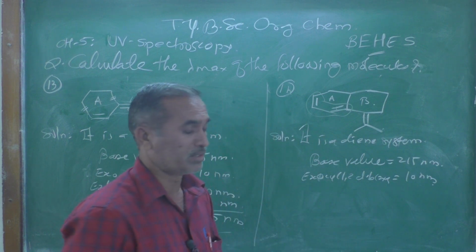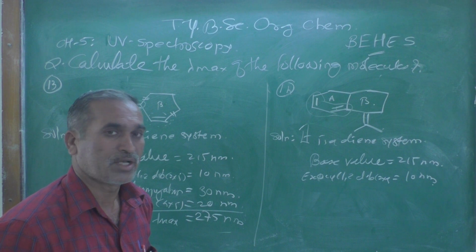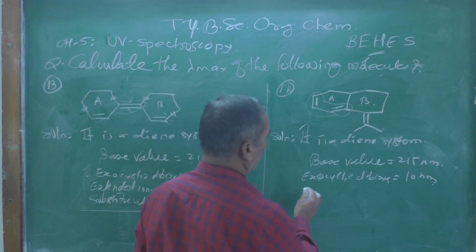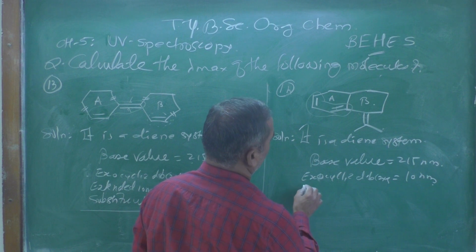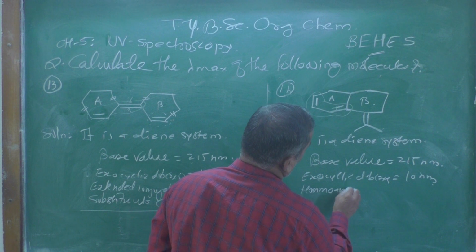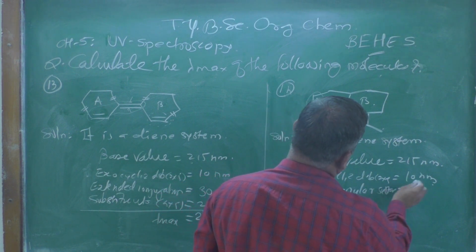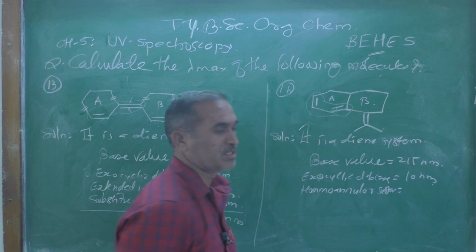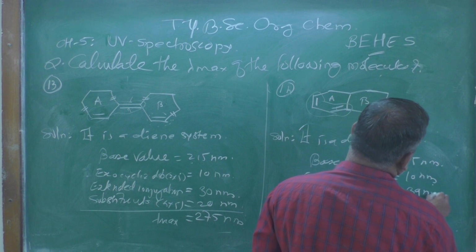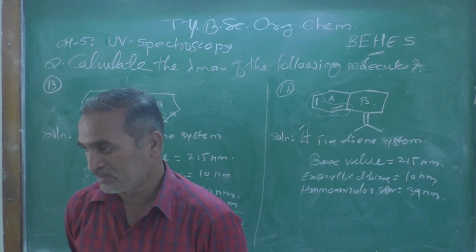Now homoannular, does this structure have a homoannular system? Yes, it has a homoannular system. And therefore, if a homoannular system is there, you should add 39 nanometer. Now look at E, which means extra double bond.